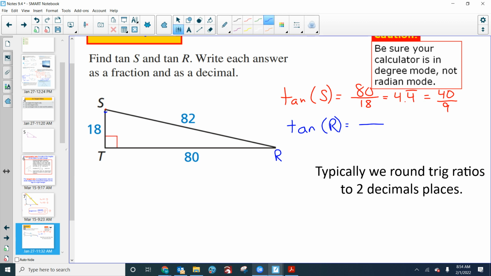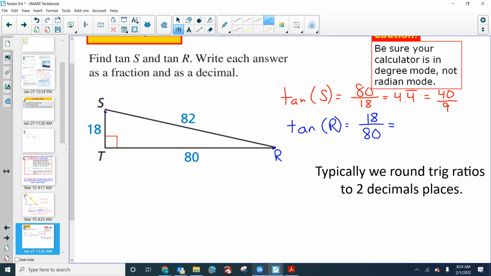Next, the tangent of R. Now we're down at this acute angle. Pencils are on R. The tangent ratio will always be opposite over adjacent. What's the opposite side from angle R? 18 over 80. You'll need your calculator for that decimal, but for the fraction, don't overthink it.